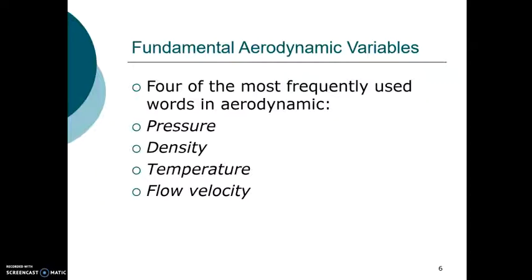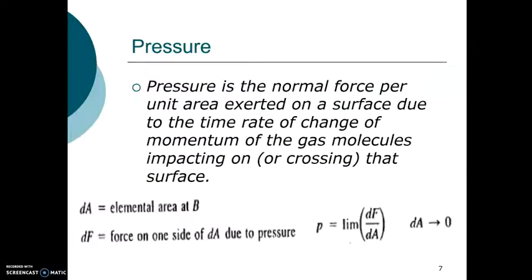Some of the most basic variables in aerodynamics are pressure, density, temperature, and flow velocity. I'm sure we are quite familiar with these terms, but we also need to have some technical, however basic, definitions of these terms as they relate to aerodynamics. The pressure is the normal force per unit area that is exerted on a surface due to the time rate of change of momentum of the gas molecules which are impacting on that surface or crossing that surface.